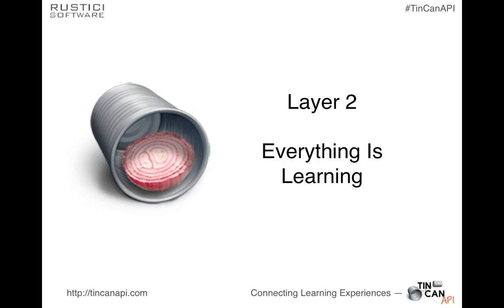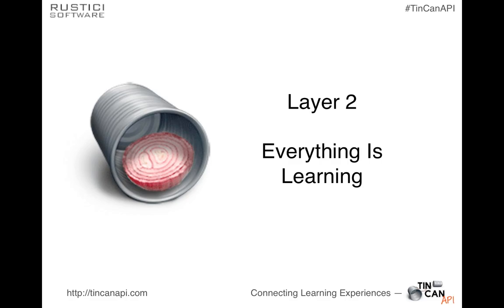Learning happens everywhere, both formally and informally. Anything can be a learning experience. We mentioned classrooms and webinars before, but reading an article on Wikipedia, watching a YouTube video, being mentored, mentoring somebody else, writing a blog post, not just reading the blog post, but writing the blog post, reading a book, making a mistake.